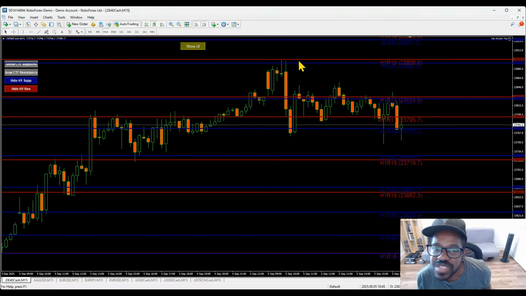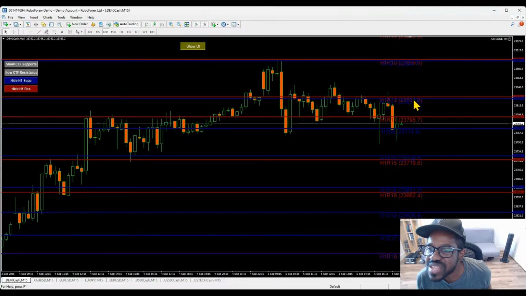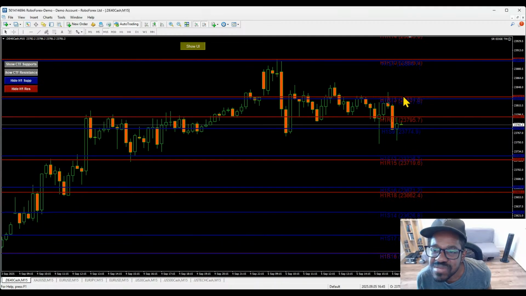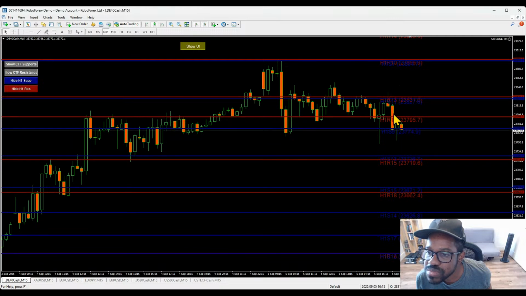We had a resistance here, because you have H1 resistance and H4 support right there, and then we had another one here. So those were high probability reactions off of those resistance zones. Right now we do have a resistance with a support compared to those two. Those are weaker ones, so we may go through, and that's what we're doing right now.